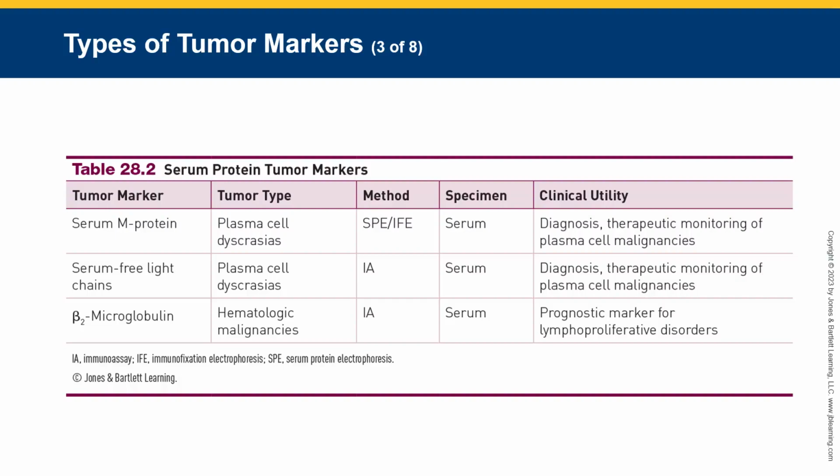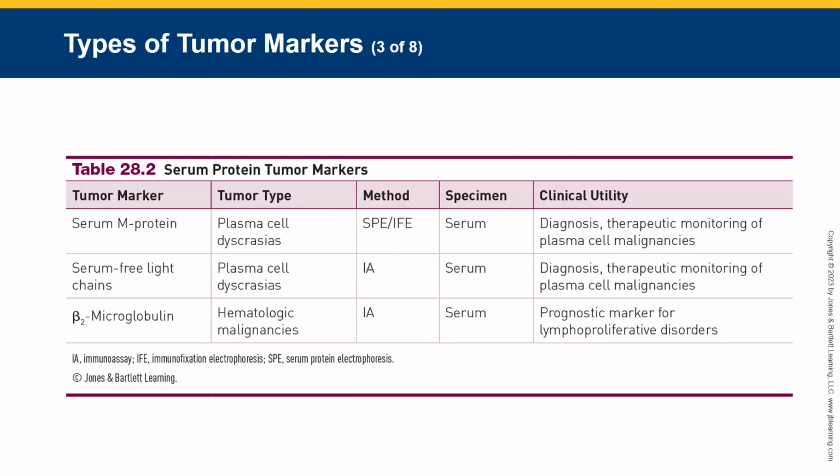Plasma cells are differentiated B cells, so they're immune cells that are going to pump out large quantities of antibodies to help fight infection, help mediate allergic reactions, and so forth. So when we have an excess of plasma cells and plasma cells become cancerous, that can be monitored by serum M protein.